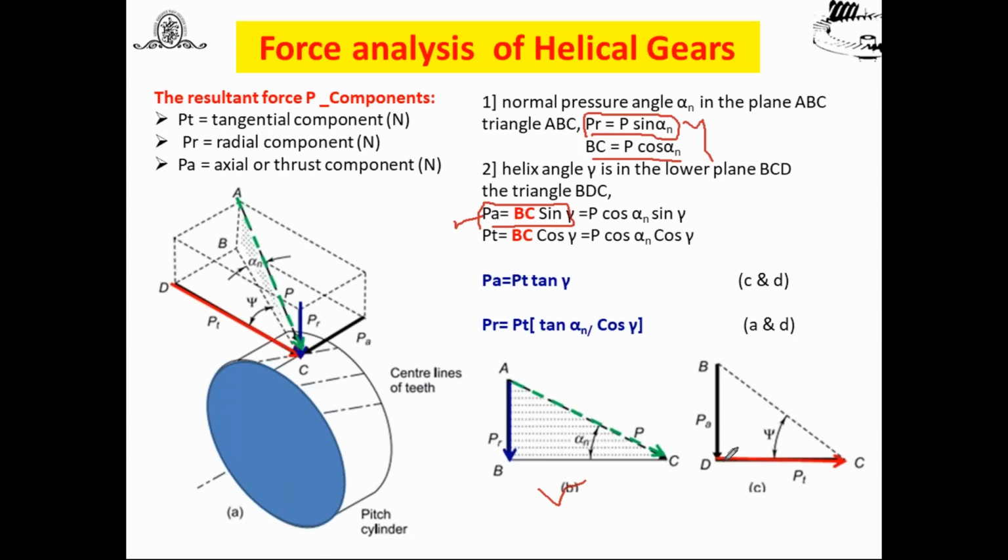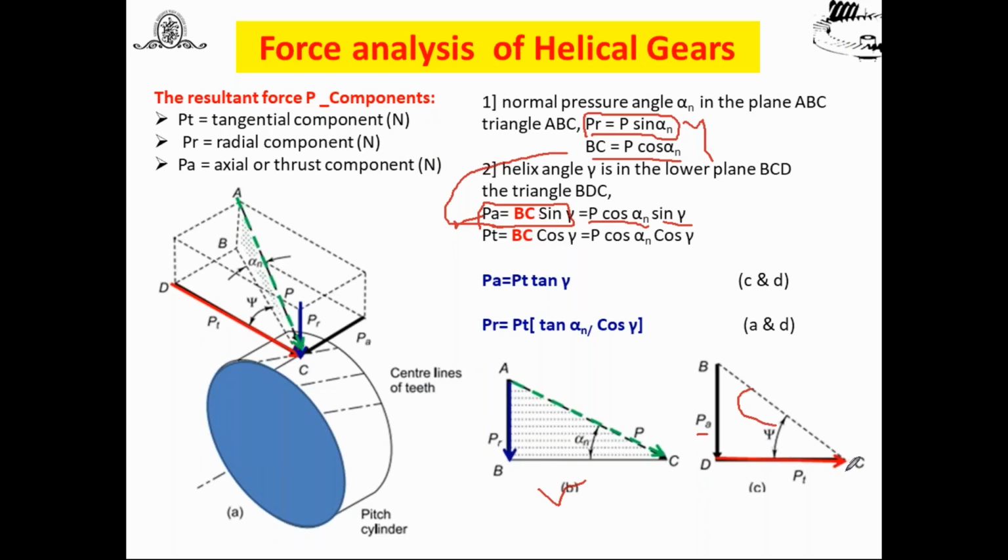Sine gamma is equal to BD upon the hypotenuse BC, and BD is equal to PA. Therefore, PA is equal to BC sine gamma. But what is BC? From the first one we calculated, BC is P cos alpha n. So substituting, PA is equal to P cos alpha n sine gamma.